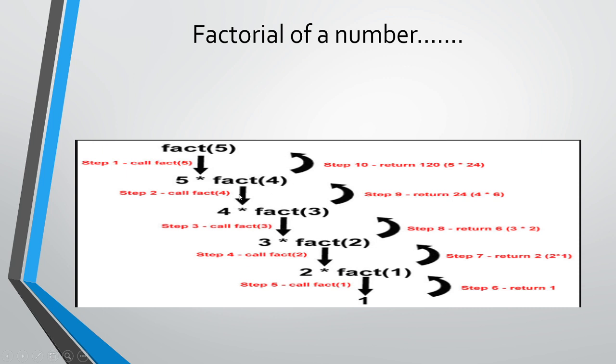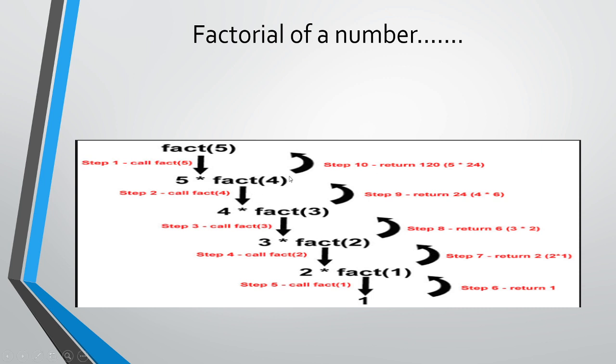That means factorial of 5 should be paused for now. Normally a function stops after completing its operation, but here we pause it so that its information is stored in memory and factorial of 4 is called.